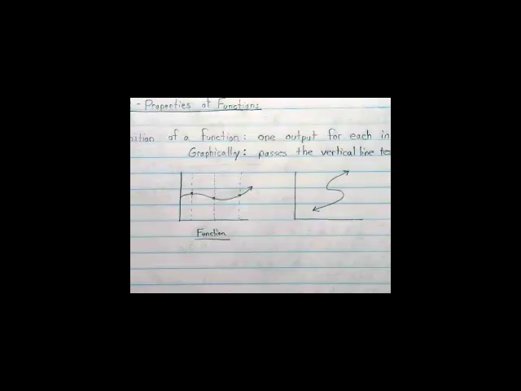Okay, now what about the second one? Does that pass the vertical line test? No. Are there certain places on that function where it does pass the vertical line test? Yeah, there are certain places where it does, but does every x value work? No. I can find a specific place where it doesn't work.